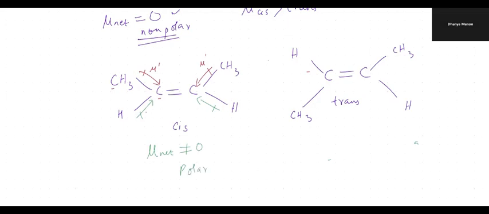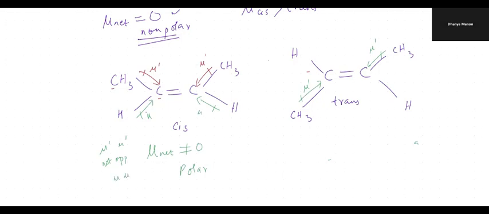Okay. In case of trans form, I have the dipole from methyl to carbon, from methyl to carbon. This is mu dash, mu dash. They are coming in the opposite direction. See, in this particular case, mu and mu dash are not opposite, so that is why they don't cancel. Even mu and mu are also not coming in opposite direction.